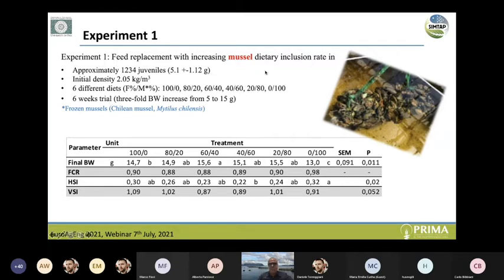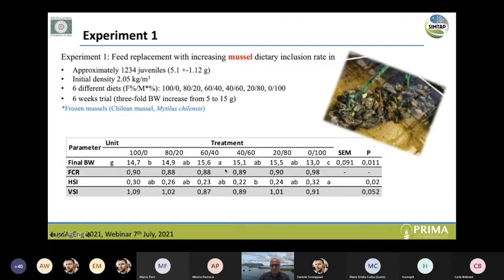It was carried out using sea bream juveniles, starting from 5.1 grams, and initial biomass density of 2 kilo per cubic meter, which is not high, but still our aim was to know if such a fresh raw material may replace feed.